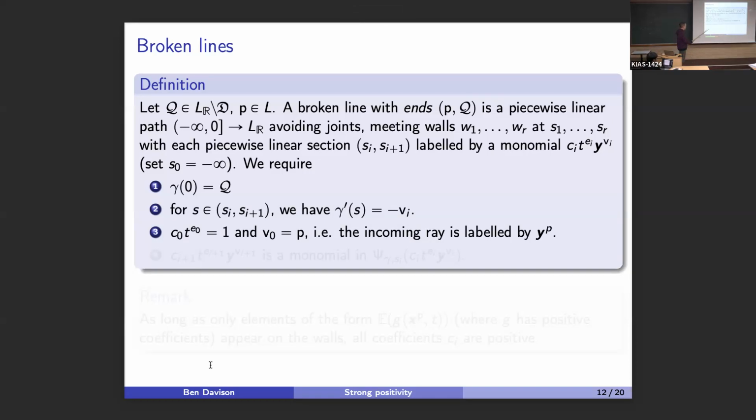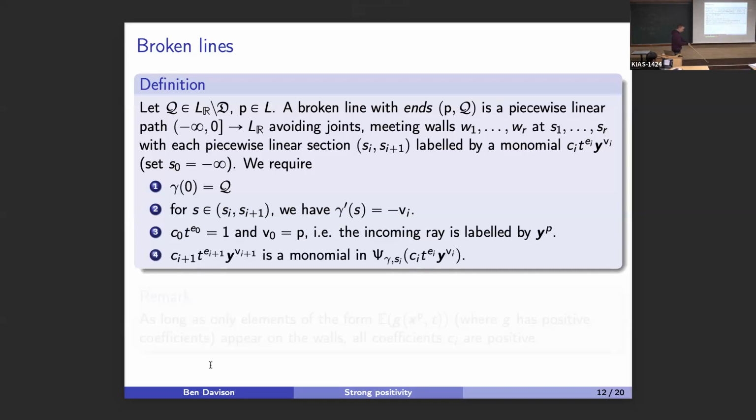The monomial, as it comes in from infinity, has coefficient 1 and direction, or this v0, this exponent, which keeps track of the direction, given by p. So this is the other bit of data that we set when we define the broken lines. So the incoming ray is labeled by yp, and because of this second condition, that means that it's traveling in direction p as well.